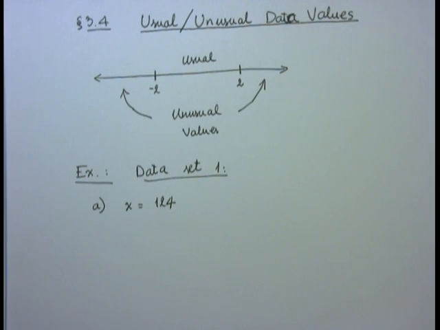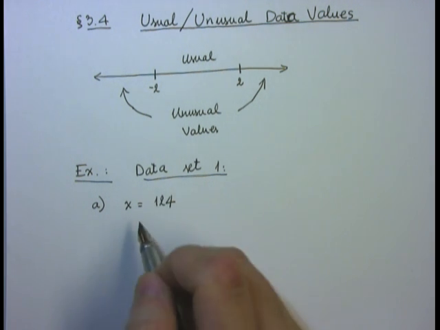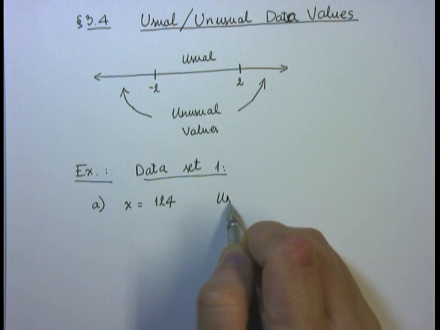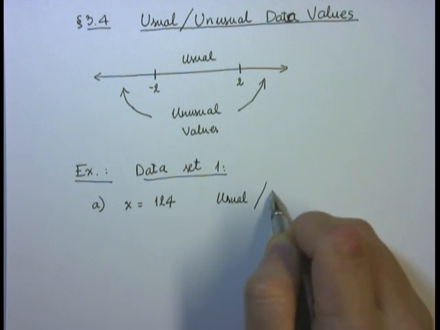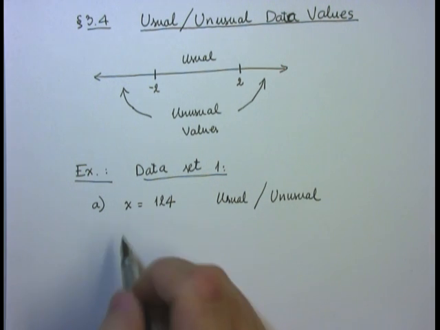So 124 is one individual data value on the data set. To determine whether it's usual or unusual, you need to find a z-score.